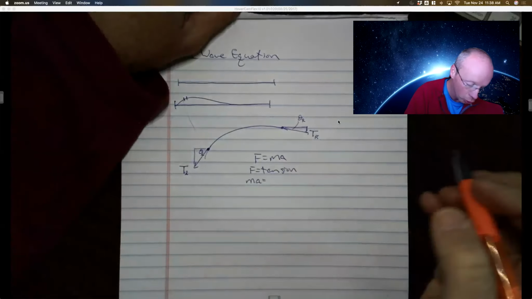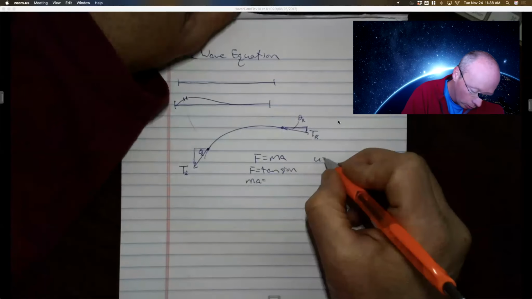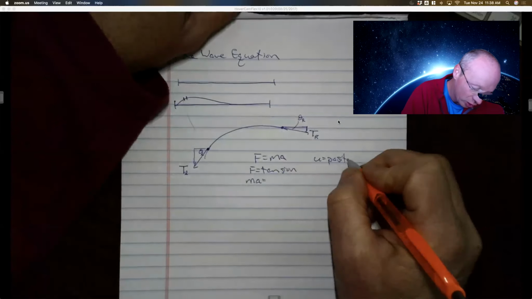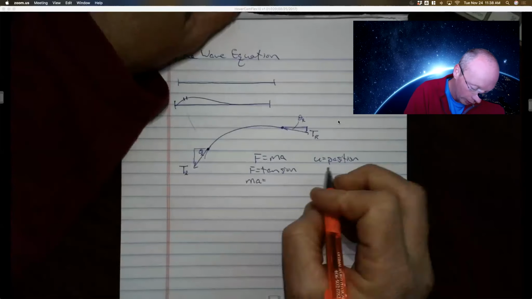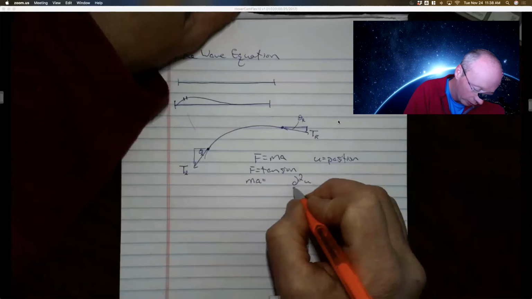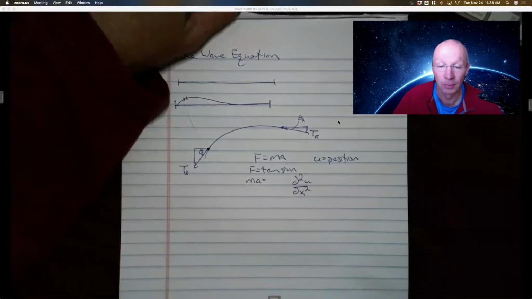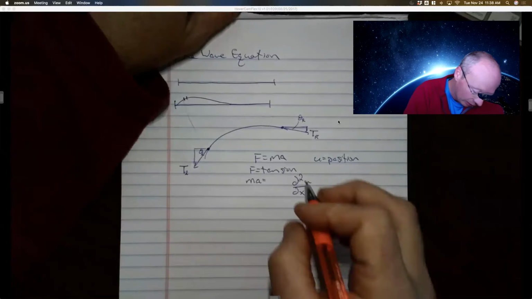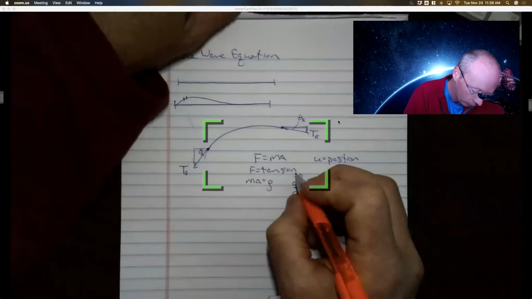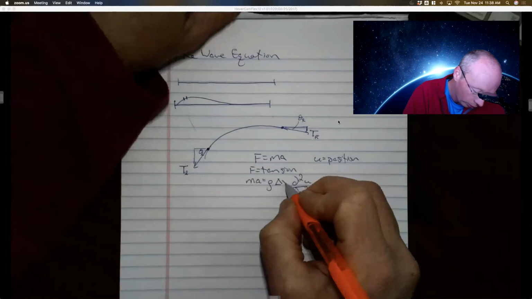If I take u to be the position of the string, acceleration is the second derivative, and the mass is the density of the string times the length.